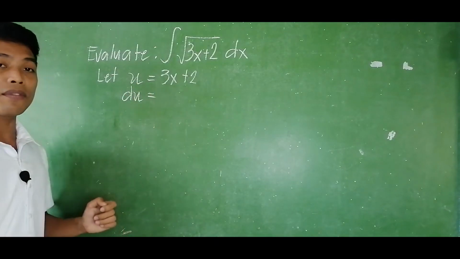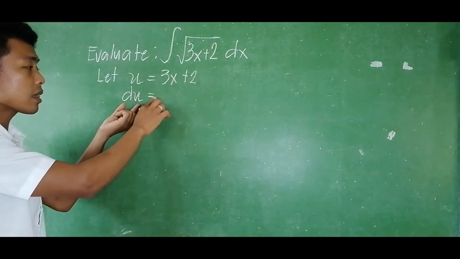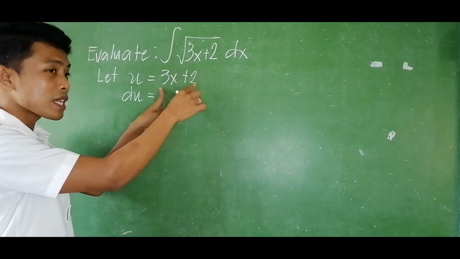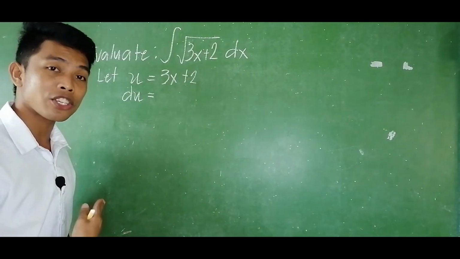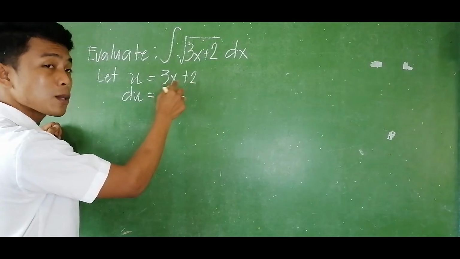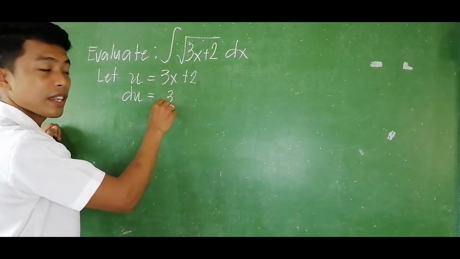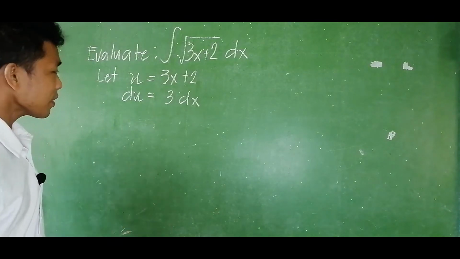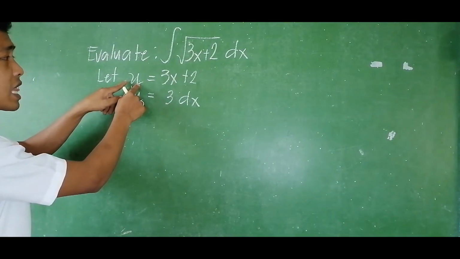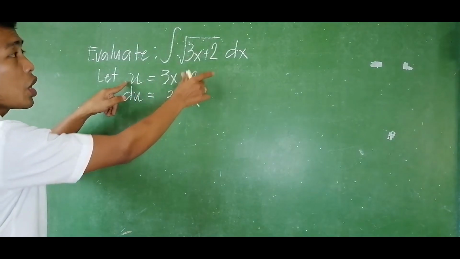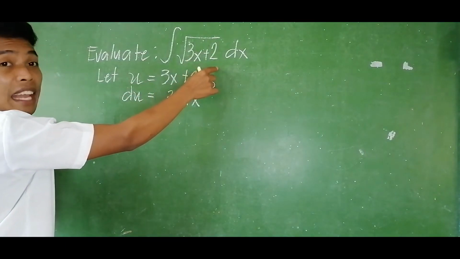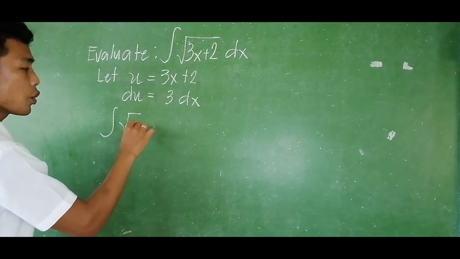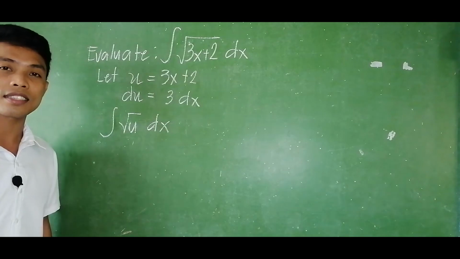To find du, we get the derivative of 3x plus 2. And 3x plus 2 is a polynomial expression. The derivative of 3x plus 2 is 3 with respect to x. Now, because u is the equivalent of 3x plus 2, we can rewrite our integral as the square root of u with respect to x.